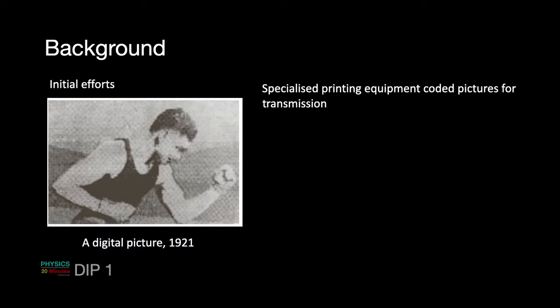When you say across the Atlantic, mostly between North Europe and North America. You will find that these are some dots appearing over here, some sporting event. 1921. So how was this image transferred?